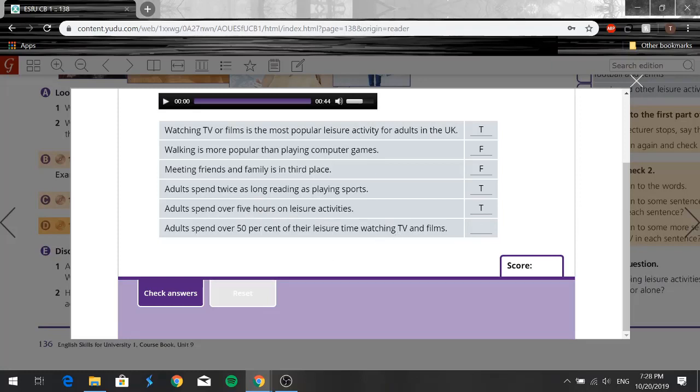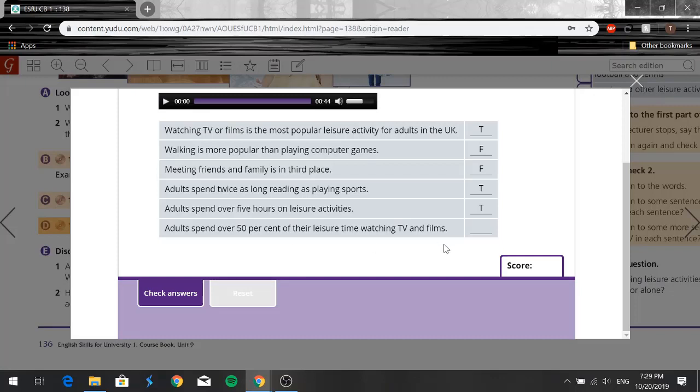Okay, so take out sports, and you got around 323 minutes, okay? Adults spend over 50% of their leisure time watching TV and films. Right, so actually this is wrong. It is under 50%, right? So it's not 50% of their leisure time, it is under that.